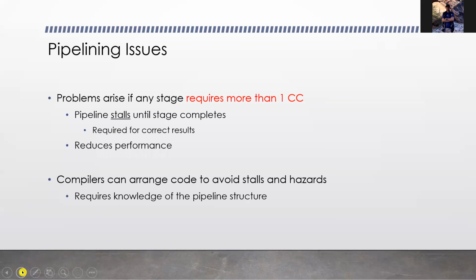But as I said, it's not that perfect, and you might have what's called hazards. There are many hazards. We're gonna explain in this lecture 2 of them, or 2 kinds of issues basically, that will reduce the speed up.